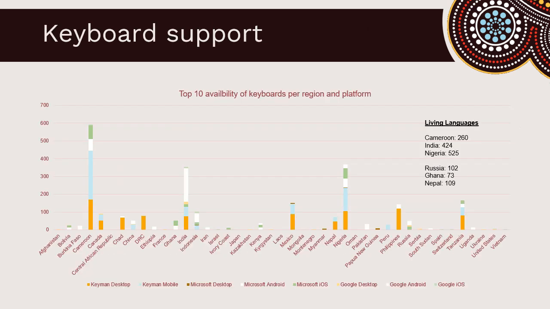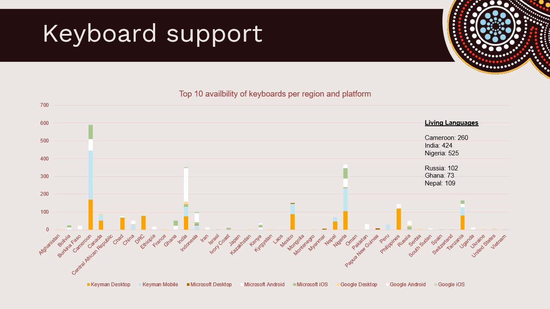There are many different groups and platforms involved in creating keyboards, and collectively there has been a good amount of progress. However, even when we look at the very strongly supported countries, based on an analysis that we did of the top 10 supported countries on Keyman desktop and mobile, Microsoft desktop and mobile, and Google desktop and mobile, we see that even a strongly supported country such as Cameroon is only partially supported through keyboards on any of the platforms.